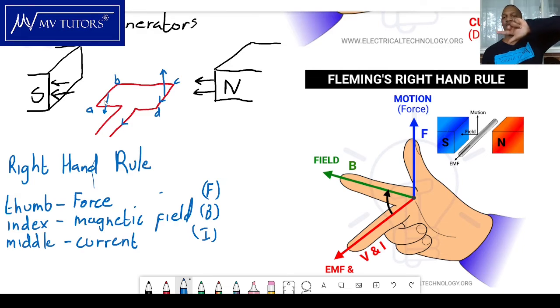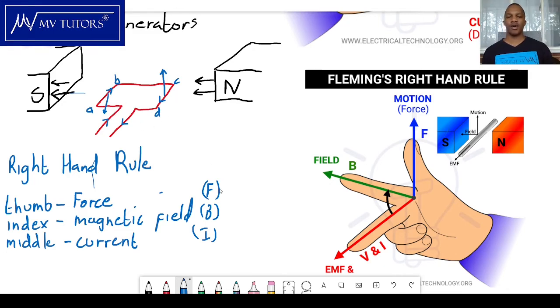This is the right hand. So my force is going down, my field from right to left, which means my current is moving inside, towards the paper or towards the screen. So it's moving that way.